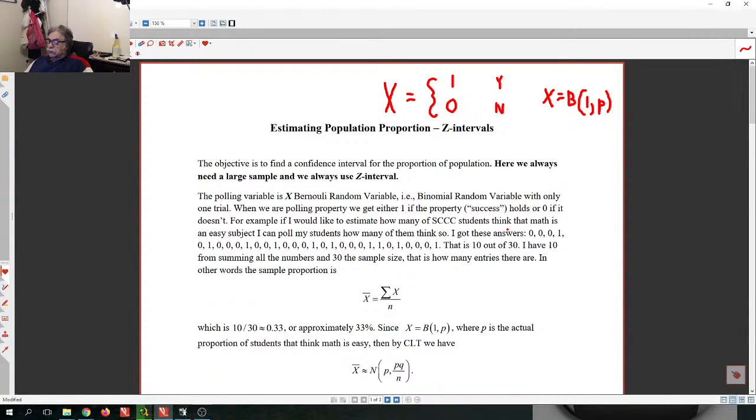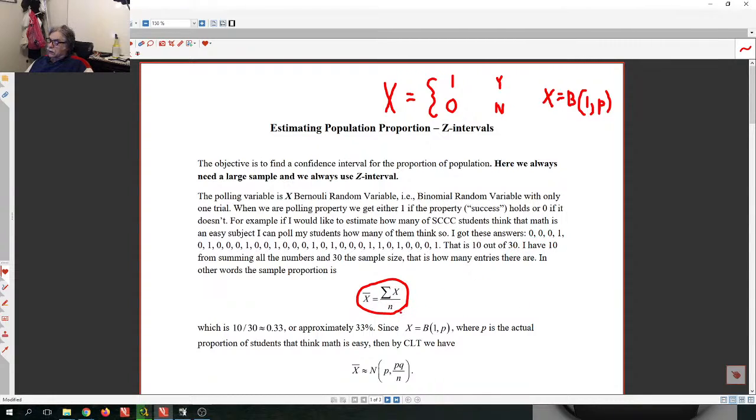So all in all, the formula to calculate the proportion of the sample, the mean of the sample: you sum all of these numbers and you get 10. The 0s don't really count, you're summing only the ones. So you get 10 on the top. On the bottom, you have how many in your sample? 30.